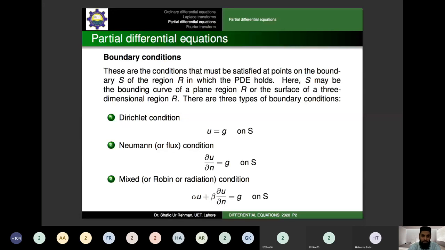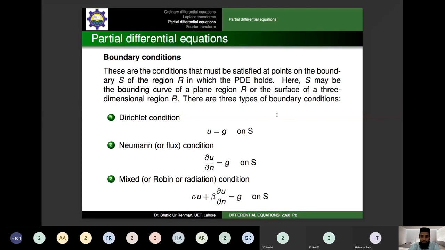S may be a bounding curve of a plane region R or the surface of a three-dimensional region R. Whatever it is, the structure is there, because we know that from two-dimensional to three-dimensional space, we move from a plane to space with three components. So S may be a bounding curve of a plane region R in the case of two dimensions, or the surface of a three-dimensional region R in the case of a three-dimensional coordinate system.